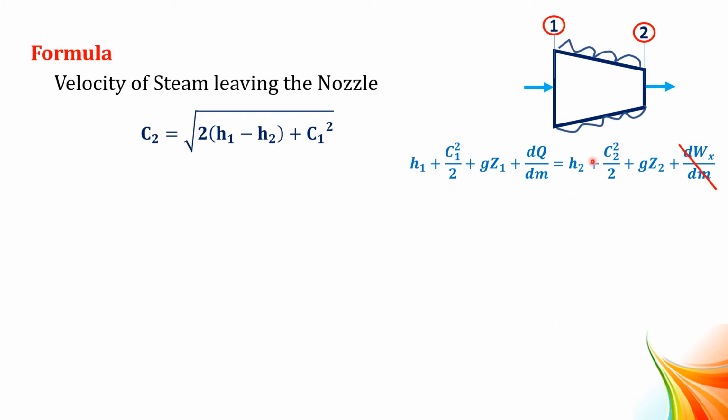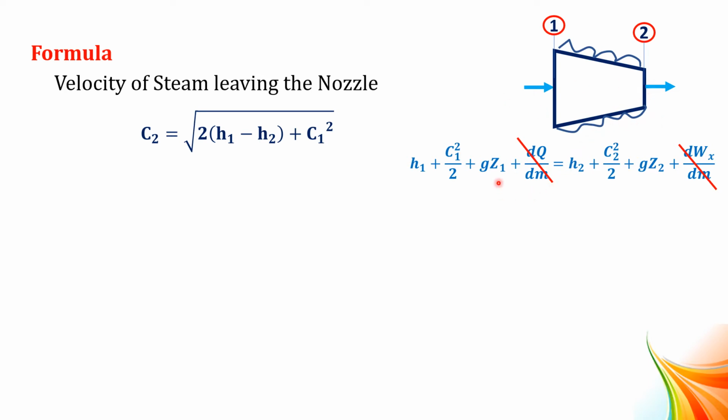Then assume the nozzle is a well insulated device. Therefore no heat transfer across the system boundary, so dQ by dm is also equal to 0. Now we know the steam entering and exiting are at the same level.